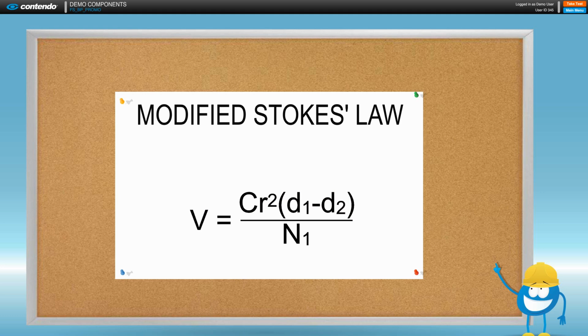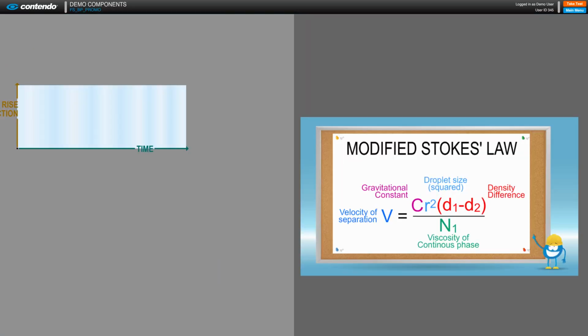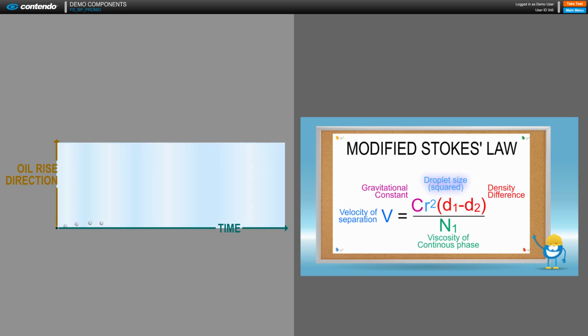All of the variables in the formula influence separation. To make the phases separate faster, we can increase the difference in density, decrease the viscosity of the continuous phase, or increase the size of the droplets to be separated. However, the greatest impact is the size of the particles or droplets to be separated because the relationship is not 1-to-1, but instead is the square of the size.